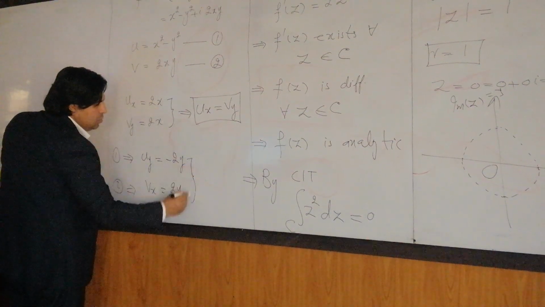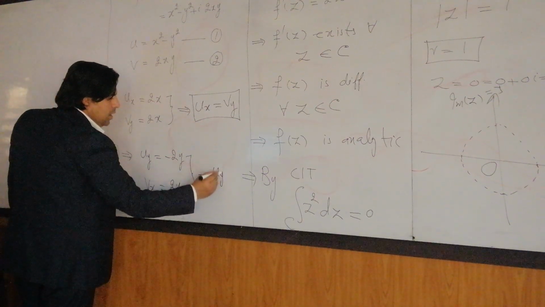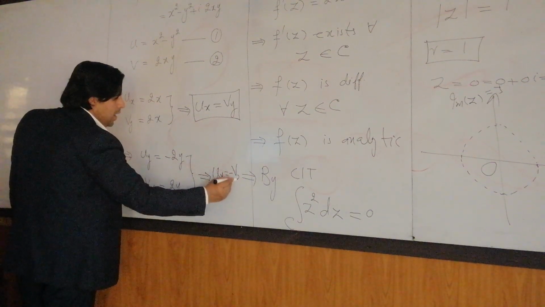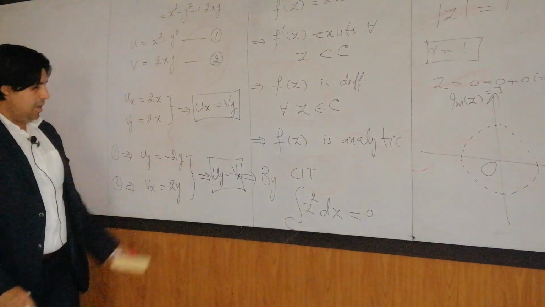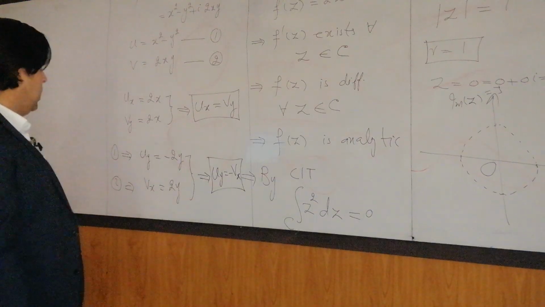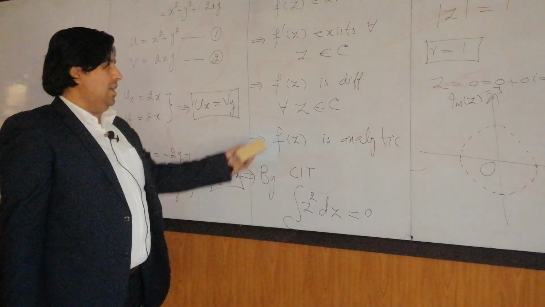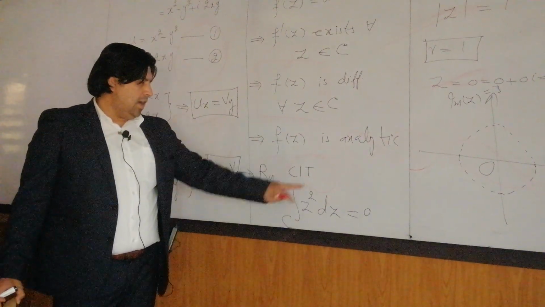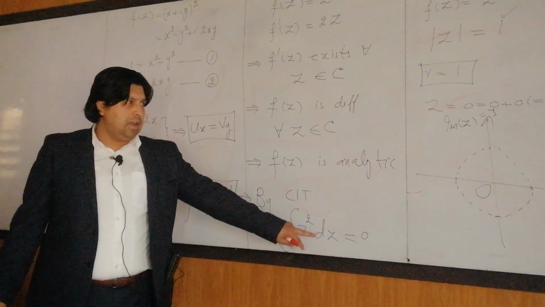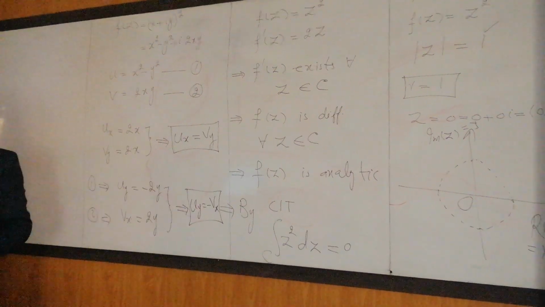And from these two equations we can see that uy is equal to minus vx. So the second equation is satisfied. So we can say that the given curve is analytic, and hence again by the CIT this integral is equal to 0. Now let us solve another example.